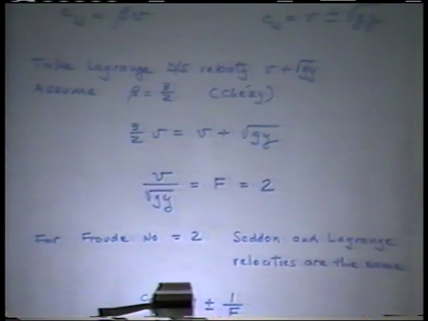However, we do realize from a theoretical standpoint that at Froude number 2 in the case of Chezy and Froude number equal 1.5 in the case of Manning, we have a situation where the water surface becomes unstable. At that point, its own mechanics acts in such a way as to amplify disturbances.